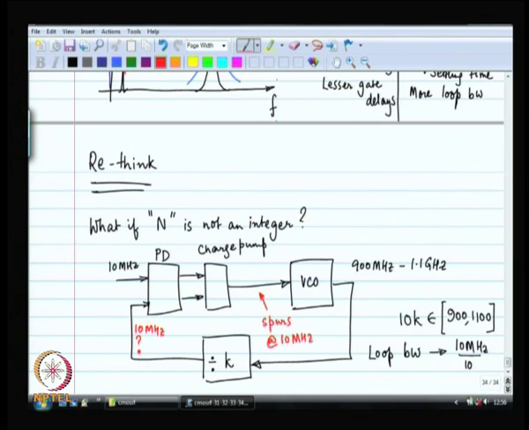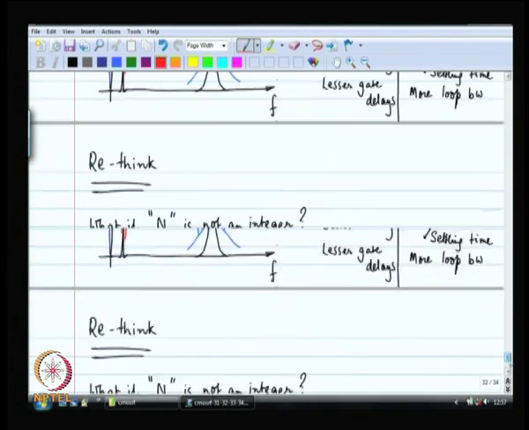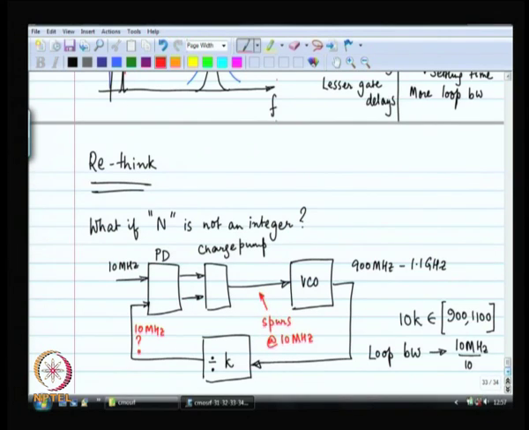And since my loop bandwidth is 1 megahertz, 10 megahertz will have the same 20 dB rejection as before, right. Whatever I was getting at 1 megahertz, I will get the same tone, but at 10 megahertz. So, in that sense also this is kind of better, seems to be better.